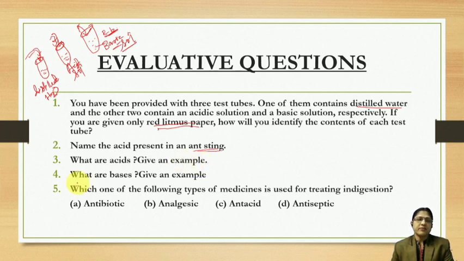Any example you can give. Then what are bases? Bases are the substances which give OH minus ion, that is hydroxide ion, in water when dissolved. And give an example: sodium hydroxide, potassium hydroxide, right? Calcium hydroxide, magnesium hydroxide. So any example you can write here.